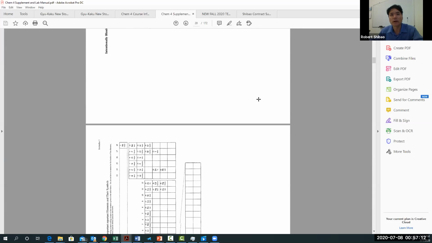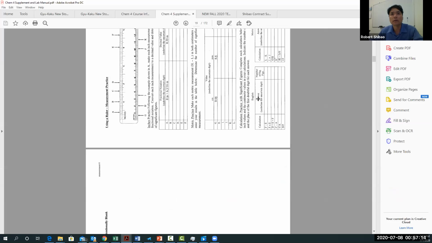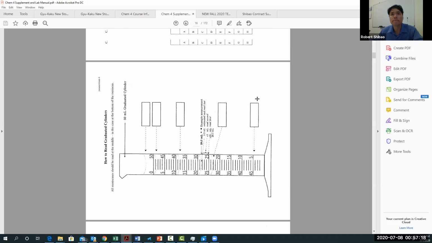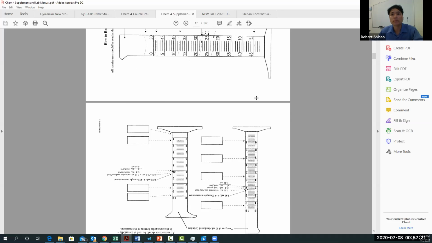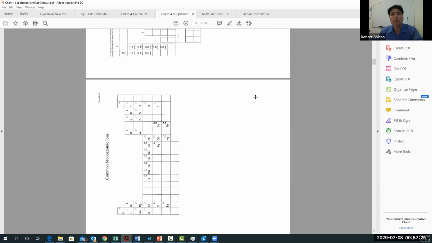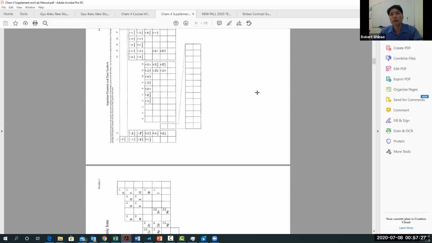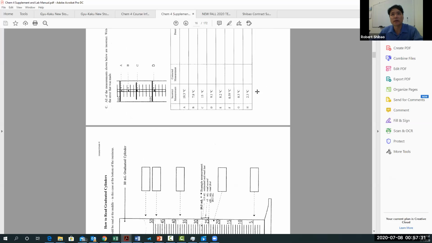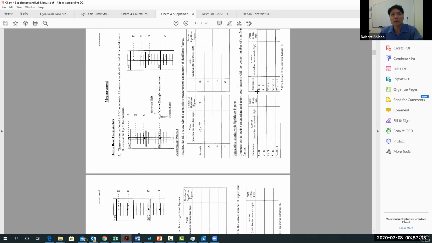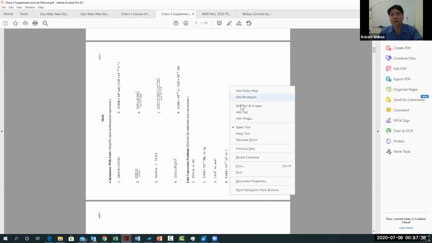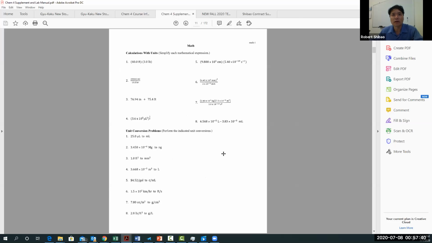Some more measurement problems. Okay. Well, they got rid of some of the calculations in this version. I didn't realize they got rid of. There were some squared and cube conversion factors. Oh, here they are. Maybe they didn't get rid of it. Rotate that clockwise.